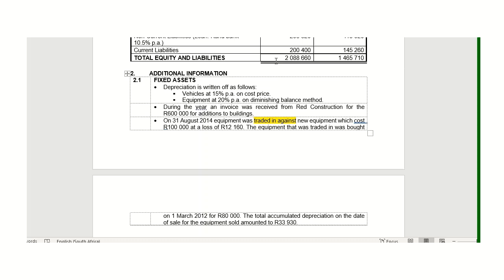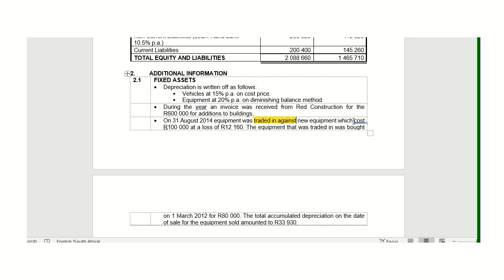We can donate it to a charity, then the opposite account is donations. But if we trade it in, it means we're buying a new equipment on credit, which means creditors control. So whatever we trade in will reduce the amount, so it must also go to creditors control. So that means the disposal bit will go to creditors control.